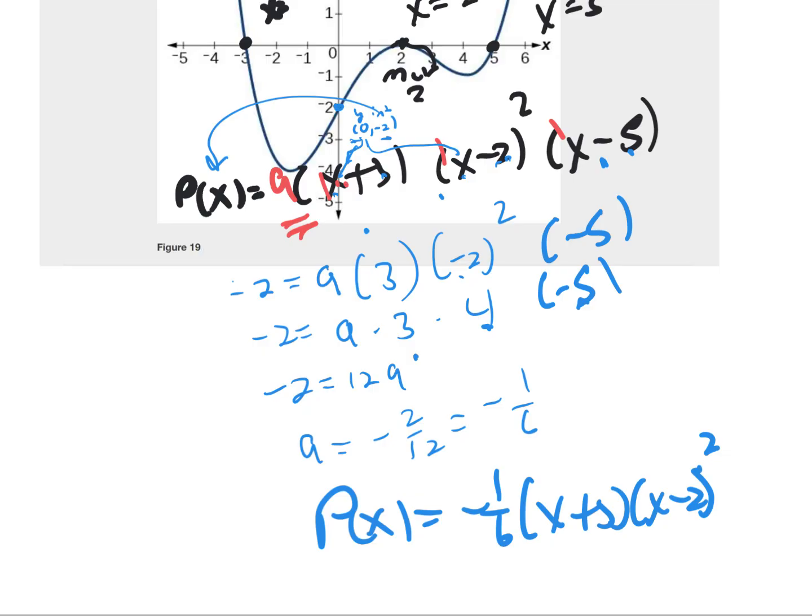It's going to be negative 60a. Negative 60a divided by a negative 60. So it's negative 1 over 30. Yikes. That's an ugly fraction in front. Negative 1 over 30.